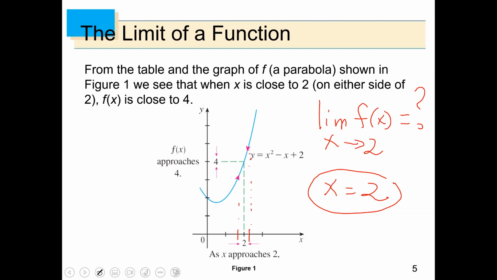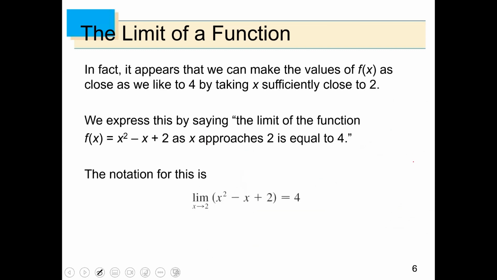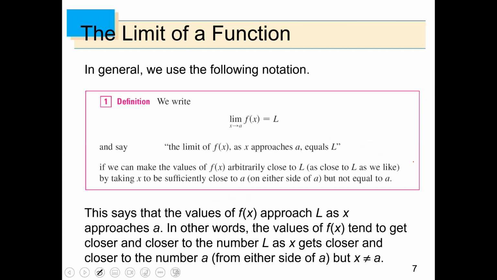And if you get closer and closer, this point and this point will go to the same point here, and the y value of this point is 4, and this is exactly the limit. So we may conjecture that the limit here is equal to 4. And this is what we conclude in this page.